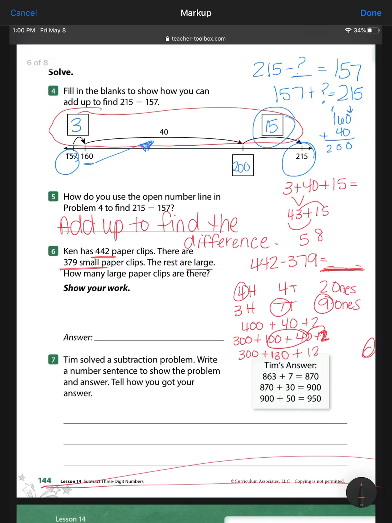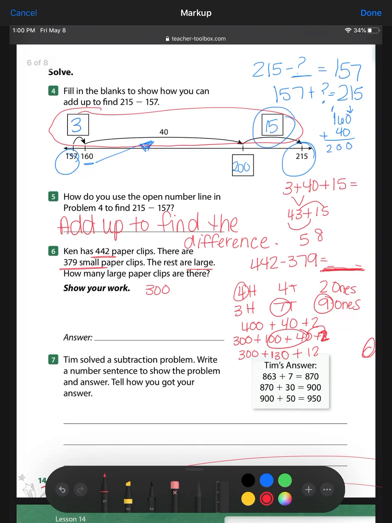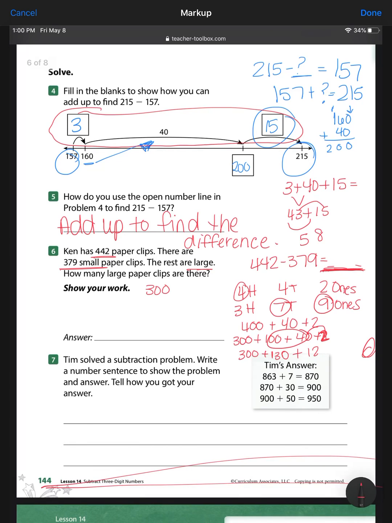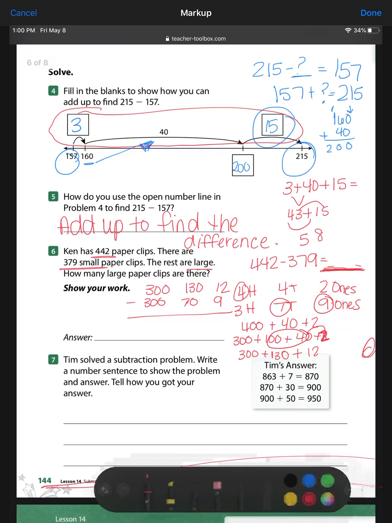Okay, so now we are able to subtract straight down. We have 300 plus 130 plus 12, and now we're going to subtract 300 plus 70 plus 9. Subtract straight down.